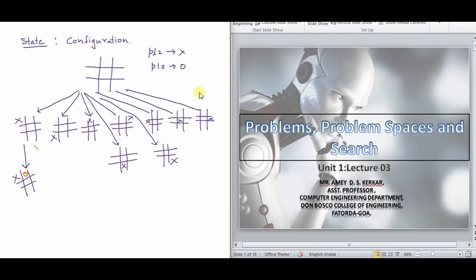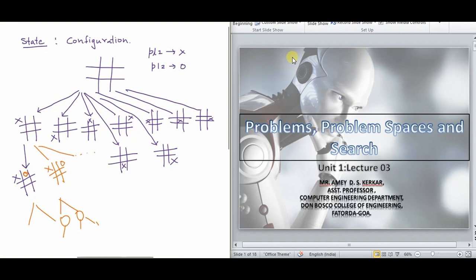The second possibility would be, knowing that X is marked here, player 2 can mark here, and this will continue. As the configurations change, what you see in front of you becomes a problem space. It looks like a tree, where this is the root node and these are the branches. So this is called a problem space.